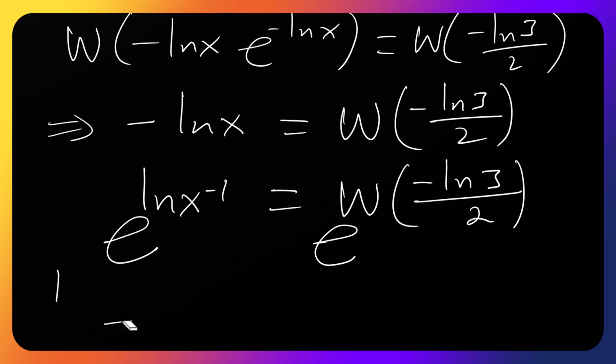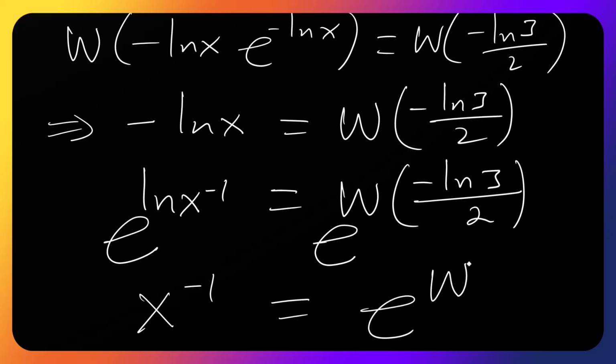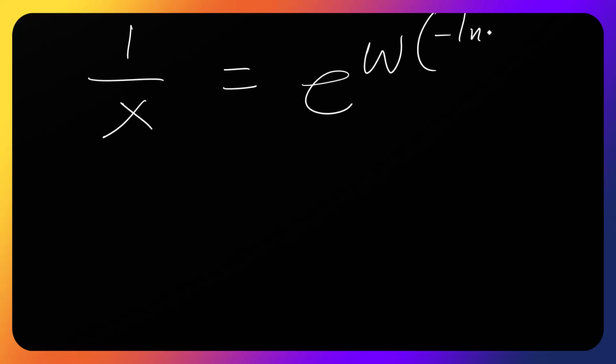My answer will be x to the power minus 1 equals e raised to W function of that. So we have this. Now, x to the power minus 1 is the same as 1 over x. So we have 1 over x equals e raised to W function of minus ln of 3 on 2.